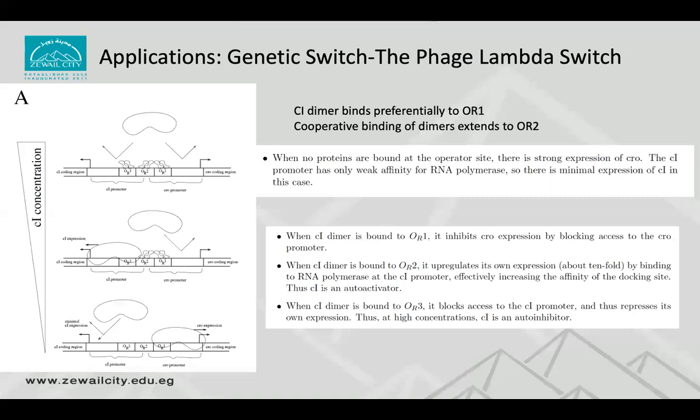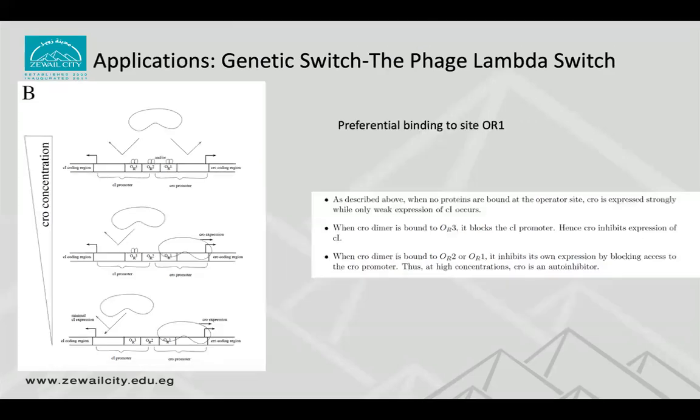And when it's bound to the third operator, though, it blocks access to the CI promoter. So it then becomes a repressor of its own expression. At high concentrations, it becomes an autoinhibitor. So we're having both positive feedback and then slower negative feedback.